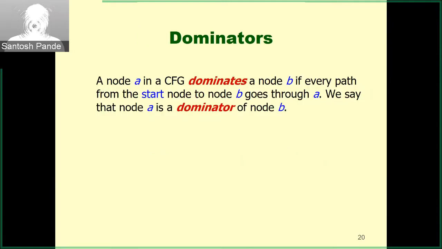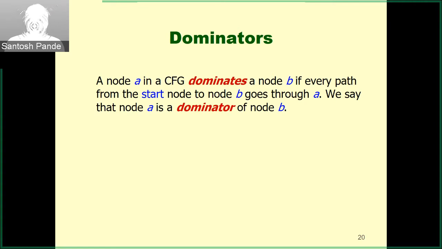So what exactly is a dominator in the control flow graph of another node? The simple definition is this: a node A in the control flow graph dominates a node B if every path from the start node to B goes through A. So that's basically a gatekeeper.